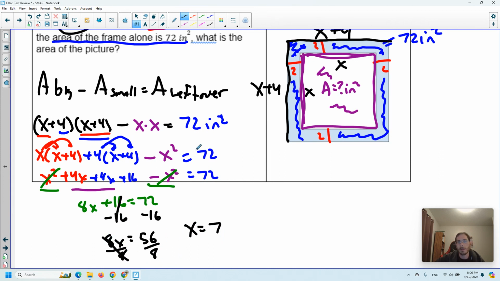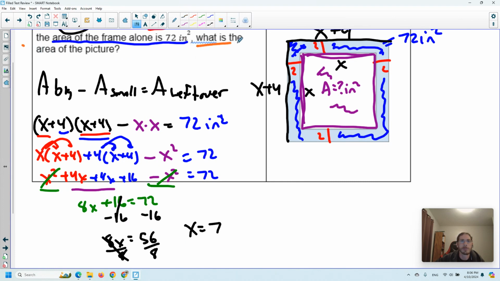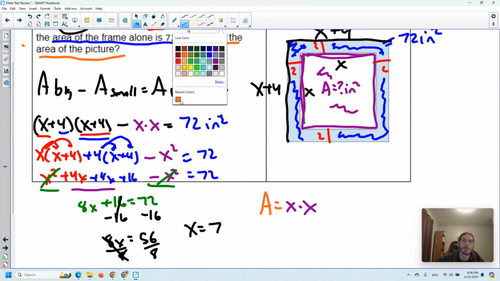Now we got to be careful. 7's not the answer because it asks the question, what is the area of the picture? And we know that the area of the picture was going to be this purple times the purple. So that's going to be x times x. But we found out what that was.